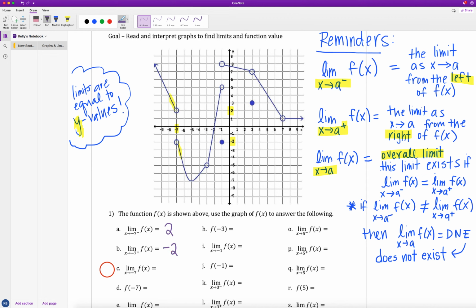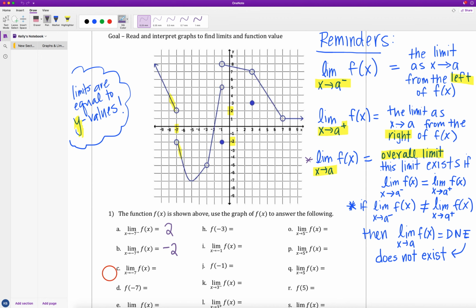In part C, what it's asking is the limit as x approaches -7 of f of x. So there is no superscript, there is no right or left side, so what this is going back to is our overall limit that we talked about down here. Now for an overall limit to exist, it means that the limit as we approach in from the left side of that function has to equal the limit as we approach in from the right side, and if they're not equal, then we say that the limit does not exist.